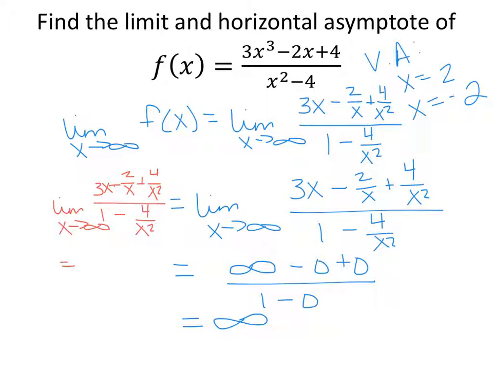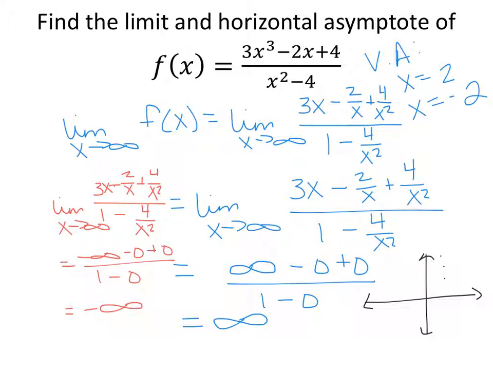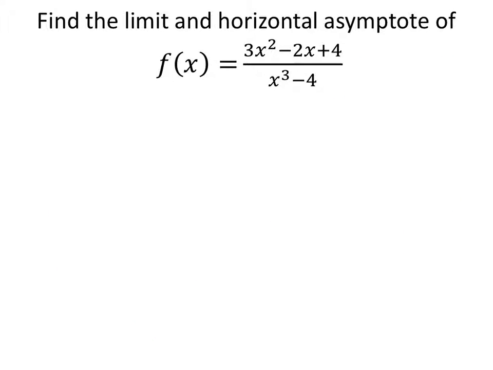Now I'd have negative infinity minus 0 plus 0 over 1 minus 0, so that would be going to negative infinity. That means that on the graph, we know we have an asymptote at 2 and an asymptote at negative 2. One far side is somehow going down in this direction, and the other far side has to be increasing in this direction.